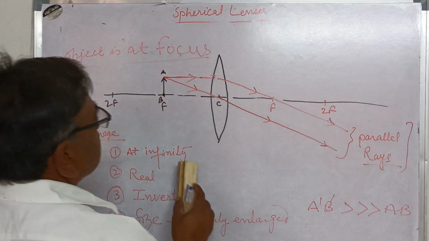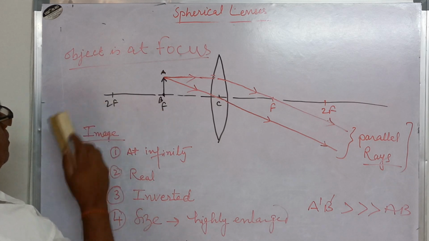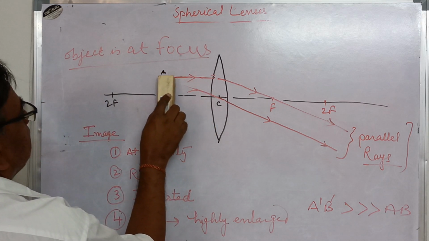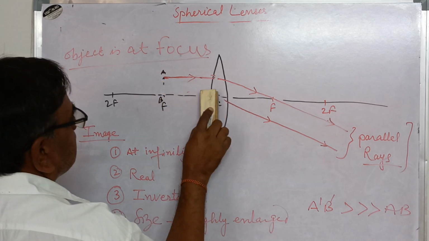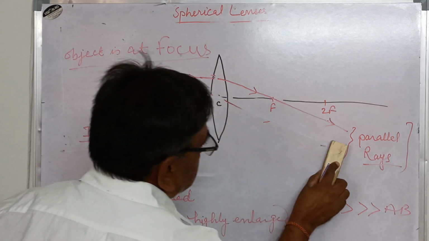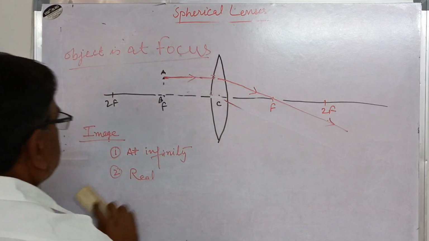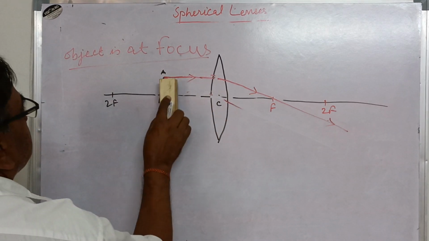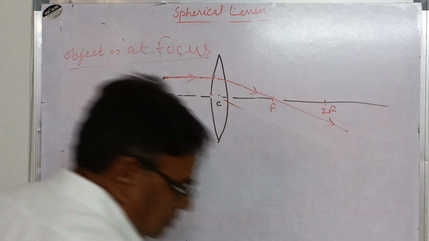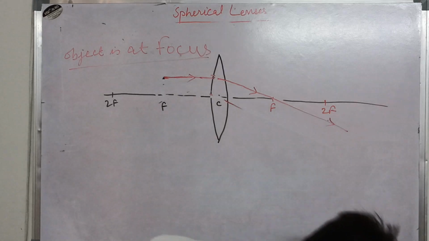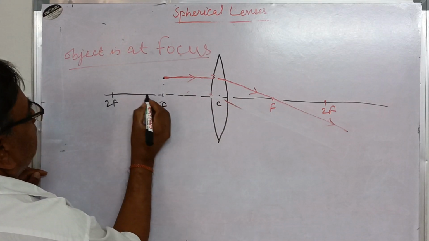Next case, that object is in between F and 2F. Let us now, in this case, object is between F and 2F.